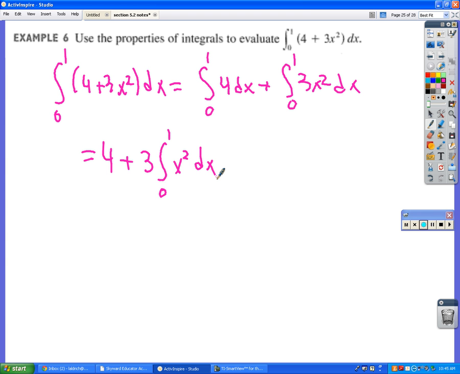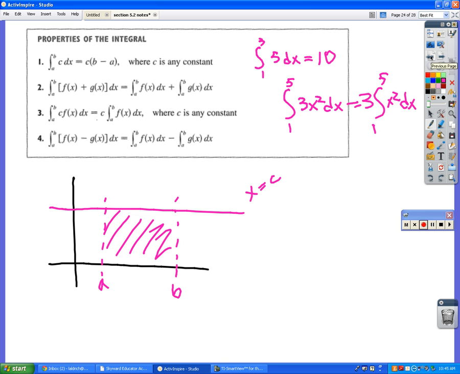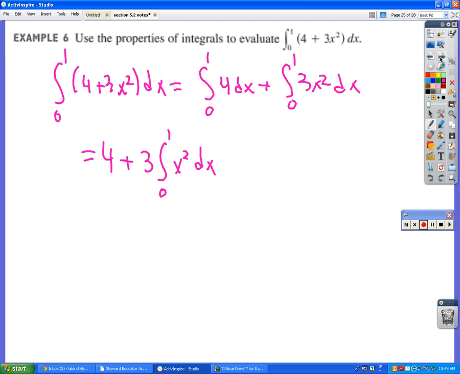You don't get what? Why I got 4? Oh, I use this rule right here: if c is a constant, I just multiply the number. What I'm saying is I want to go from 0 to 1, and my equation is y equals 4.